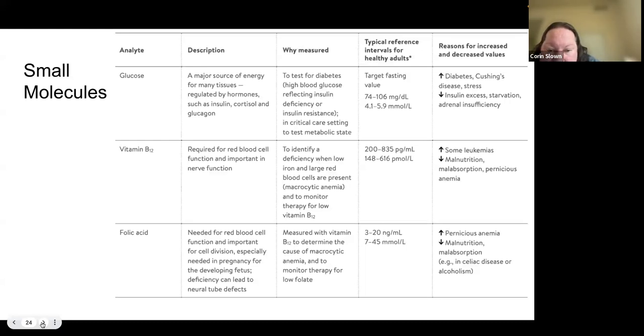And there are some specific types of leukemias where the increase of B12 can signal issues with the development of cells. And then, unfortunately, B12 is something that's commonly seen in malnutrition environments, or where there's the inability or malabsorption of that vitamin.